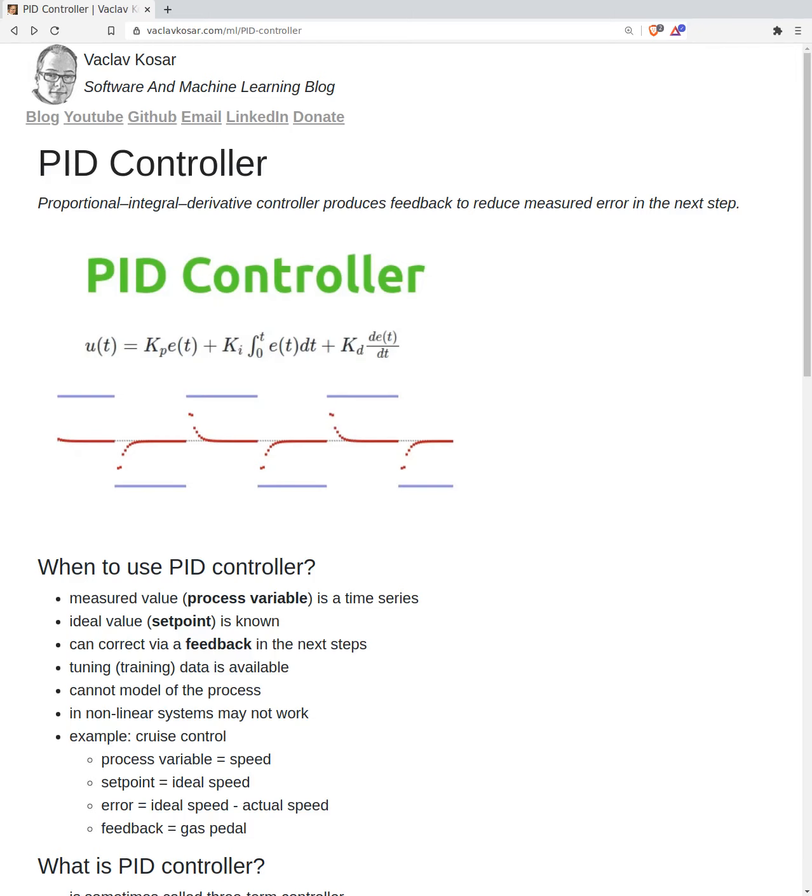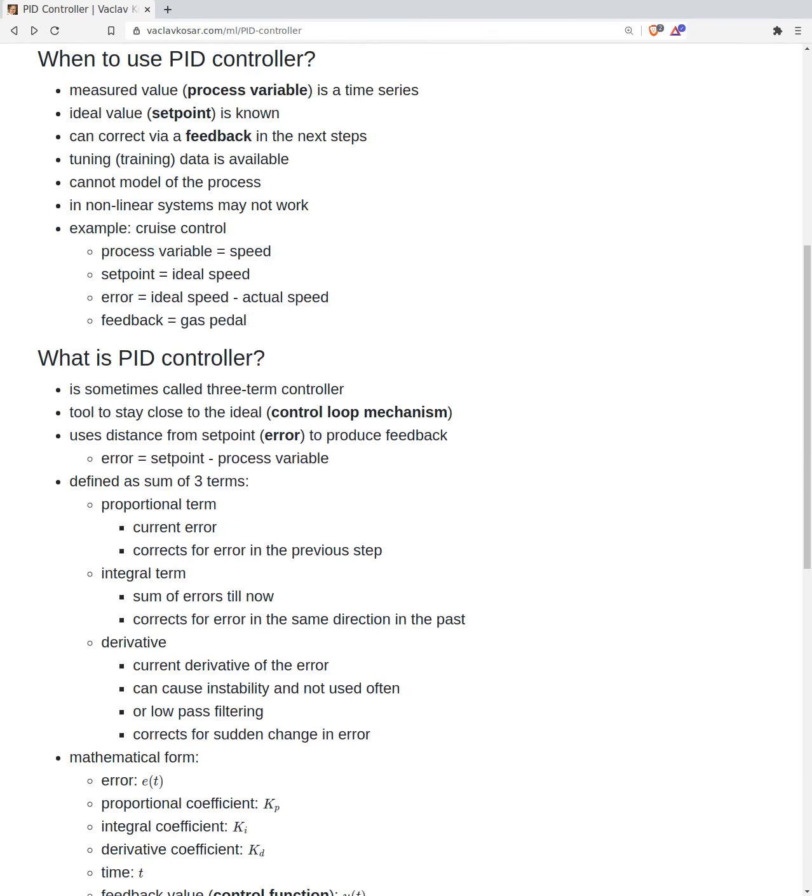Right. So what we are doing now. So when to use PID controller. As I mentioned, you have this process variable, which is time series, you have the ideal point, set point, and you can provide feedback to sort of throttle the correction to get closer in the future steps to your ideal value. So what kind of tuning do we need?